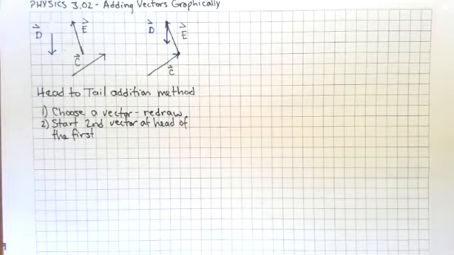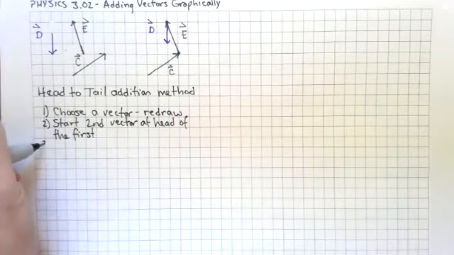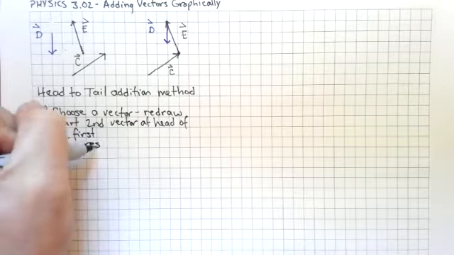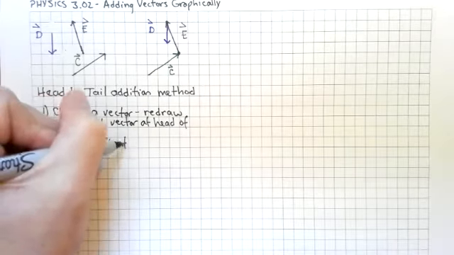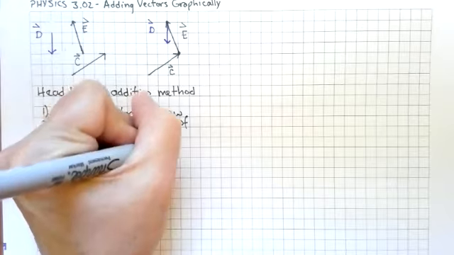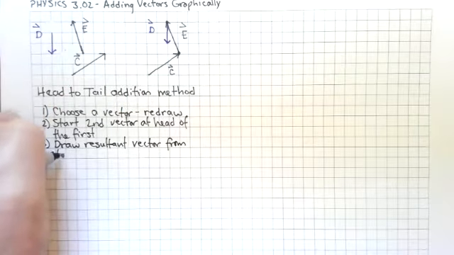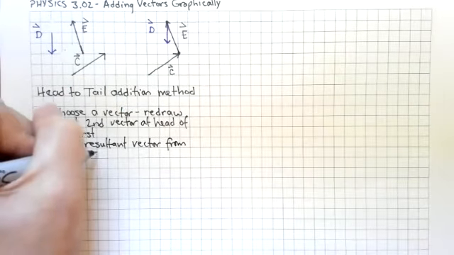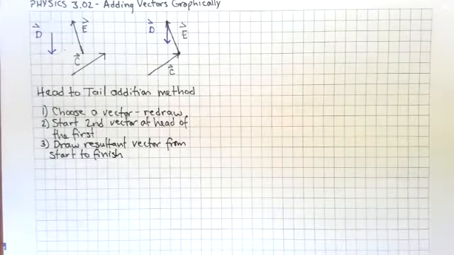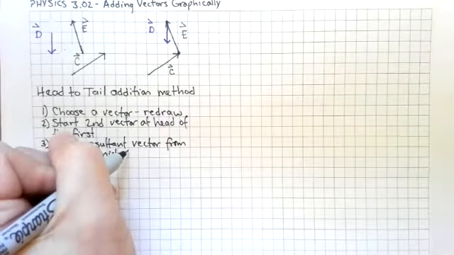Once you've done this for all your vectors, then you draw your resultant vector from start to finish. In other words, you're going to start from the tail of the first to the head of the last.